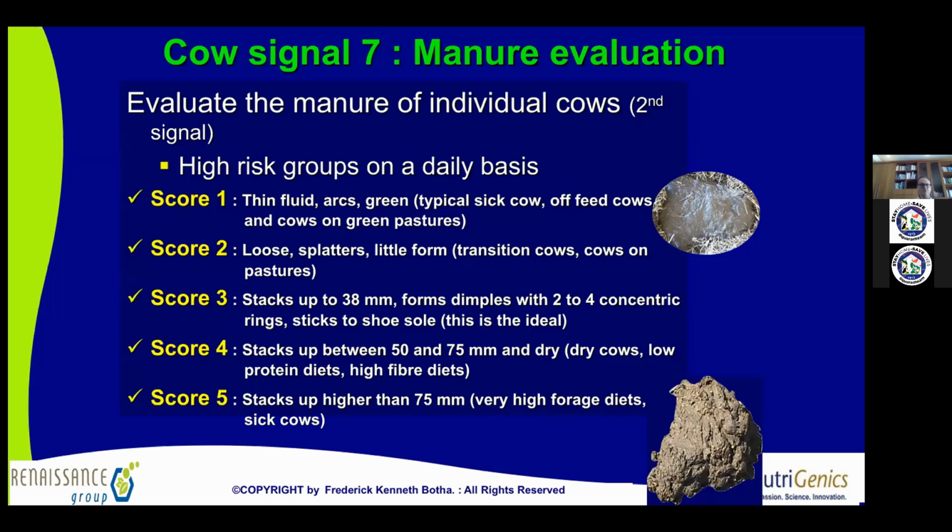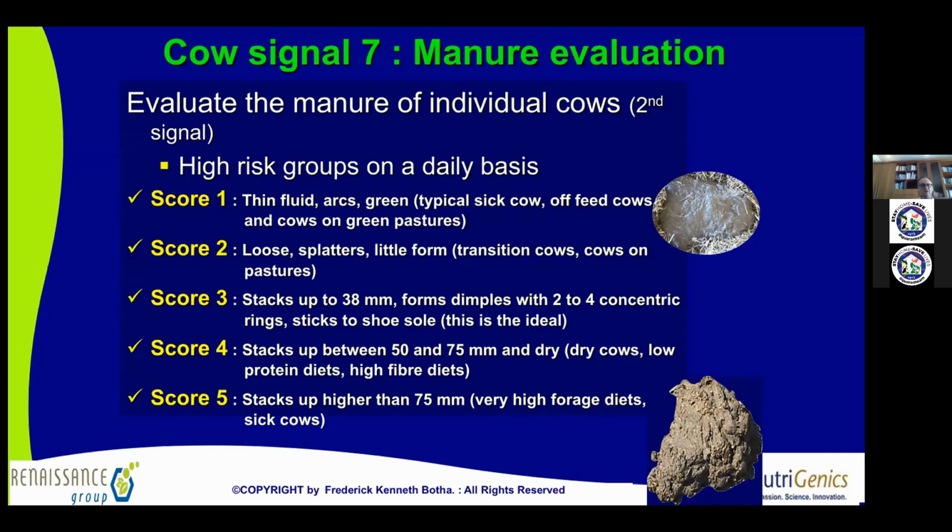I'm sure that you've all done that in the past, and we score the manure from a 1 to a 5. So we don't want 5s because that's typical manure from a beef animal which is in maintenance in the veld. So it's very dry and high stacks that we see.